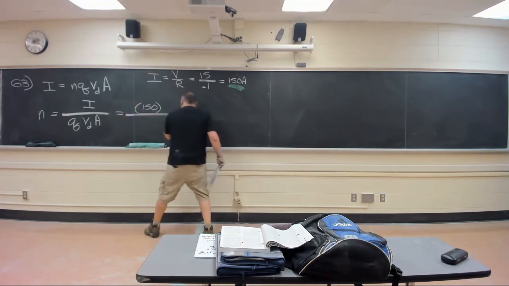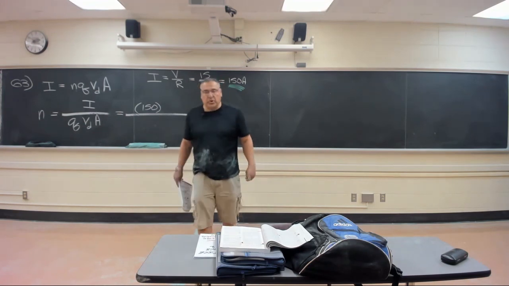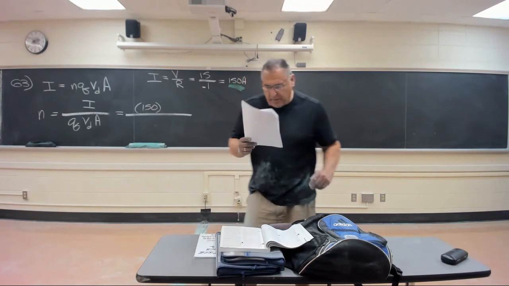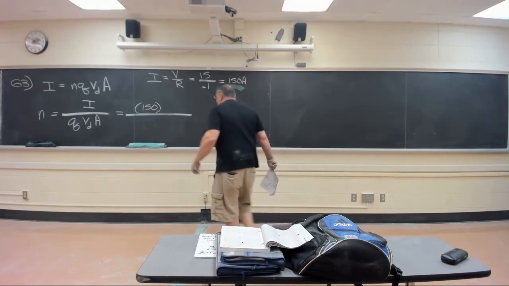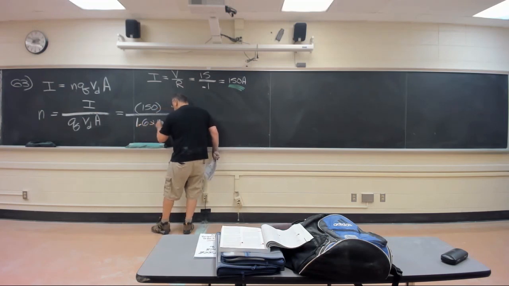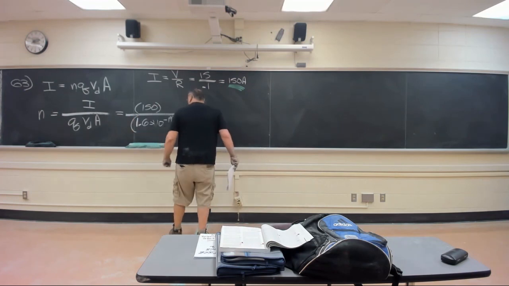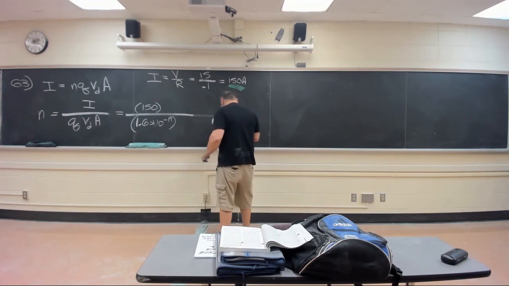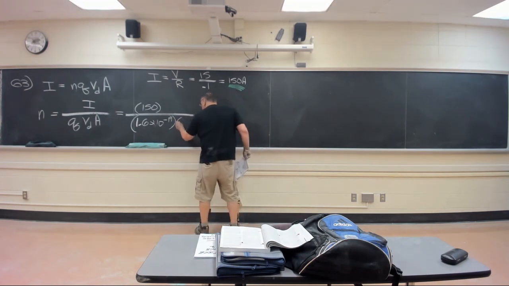Make sure all the units agree with what they're supposed to agree with. They got to be the SI units. If they are, just plug in the numbers, you're okay. Q is the charge of every electron, 1.6 times 10 to the negative 19. They gave us the drift speed.